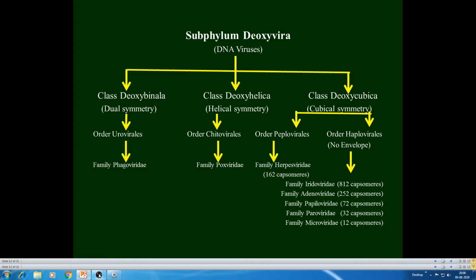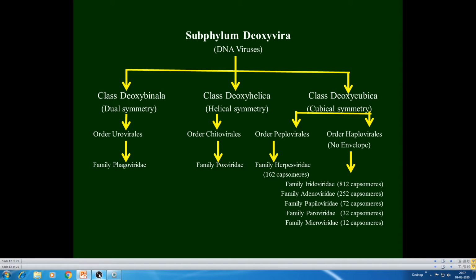Then family Adenoviridae has 252 capsomeres. Capsomeres are small subunits, monomers, small spherical bodies, bead-like structures united together. Family Papillomaviridae has 72 capsomeres, Parvoviridae has 32 capsomeres, and family Microviridae has 12 capsomeres.